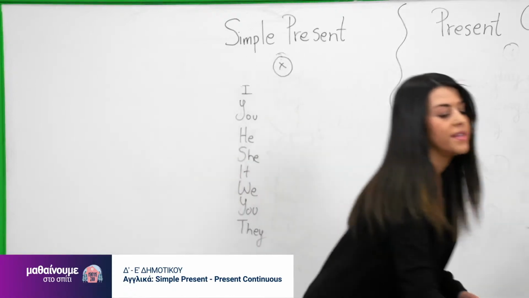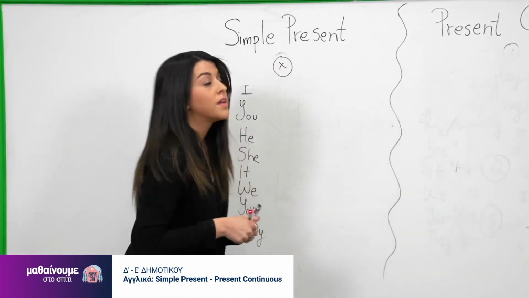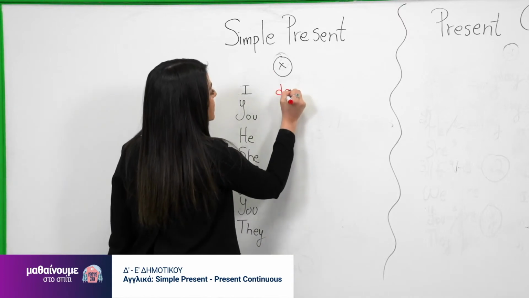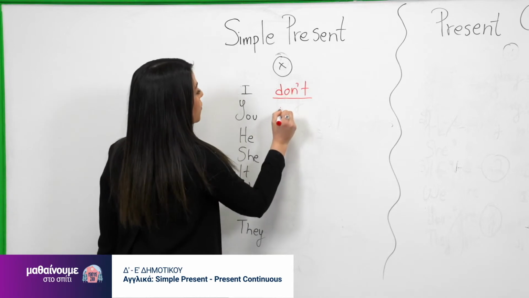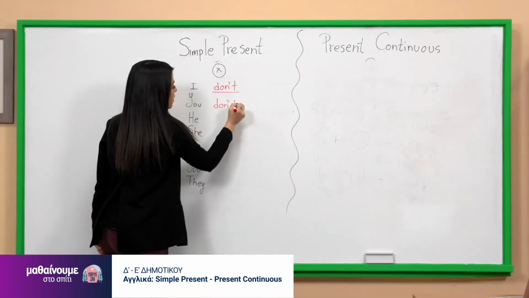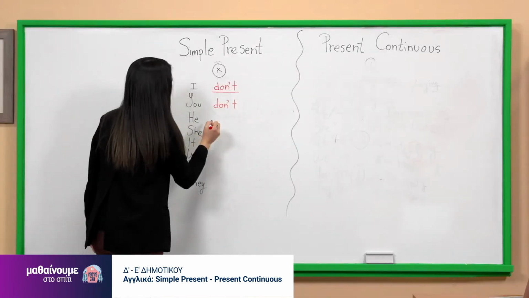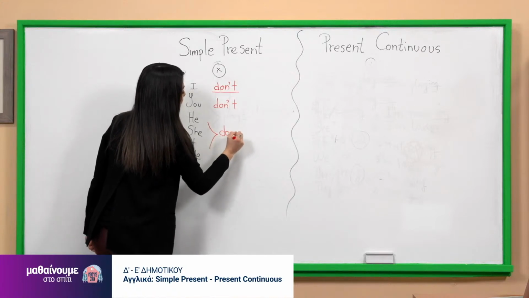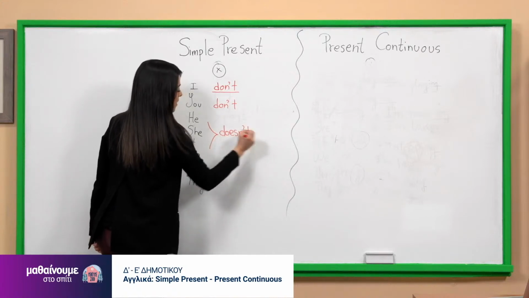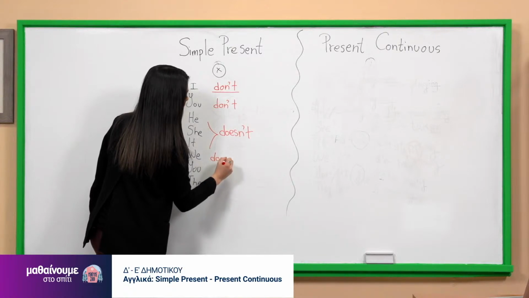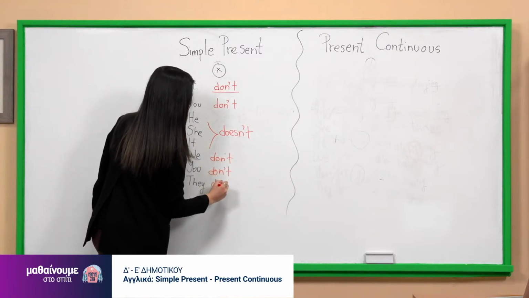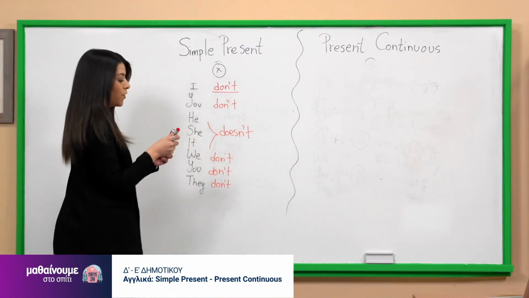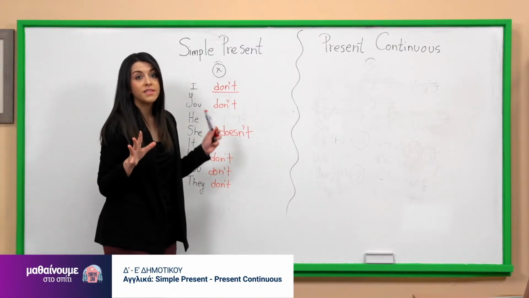Okay, let me use the red this time. And we put this, don't. I don't, okay? You don't. He, she, and it, always, they have their own, doesn't. Okay, and then we don't, you don't, they don't. Okay, so this is how we form the negative in simple present.